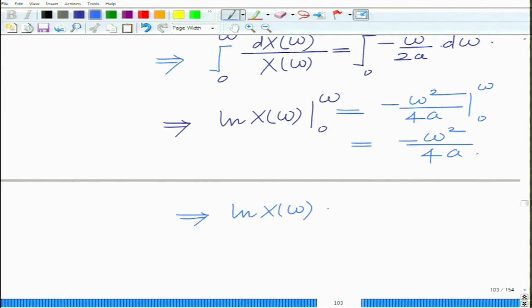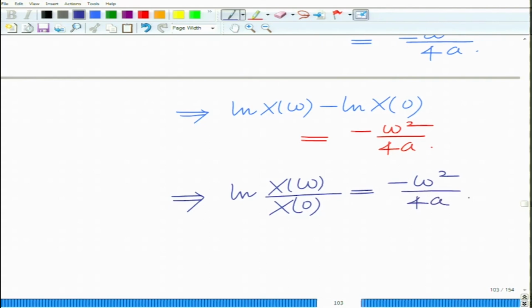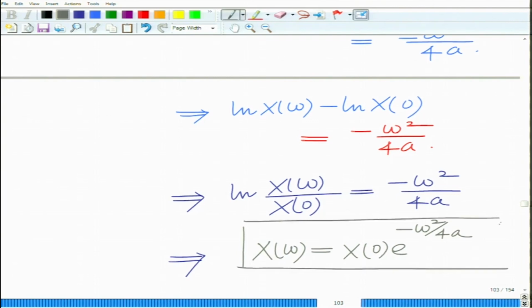which implies that log X of omega minus log X of 0 is equal to minus omega square by 4a, which implies, since log a minus log b is log a over b, log of X of omega divided by X of 0 is minus omega square over 4a, and finally, from the original differential equation it follows that X of omega, and this is important, X of omega equals X of 0 into e raised to minus omega square over 4a.